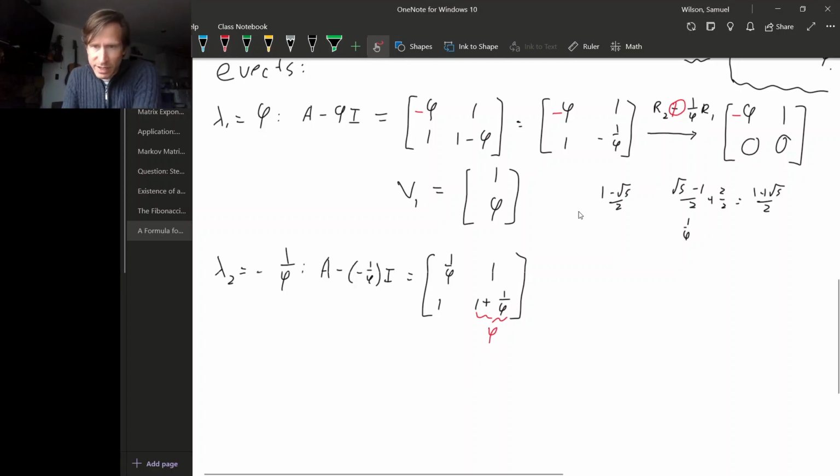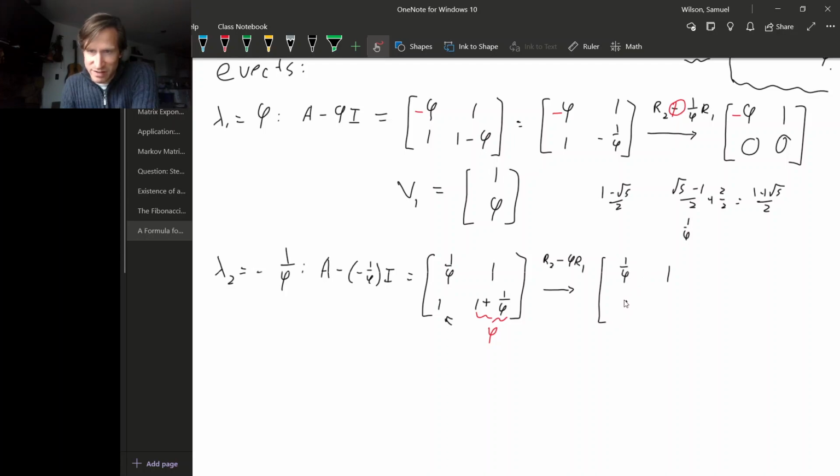Okay, so now we can row reduce this to find our eigenvector. Let's do row 2 minus phi times row 1. That's going to zero out this bottom left entry. So 1 over phi, 1, and then phi times this, subtracted from this is 0, good.